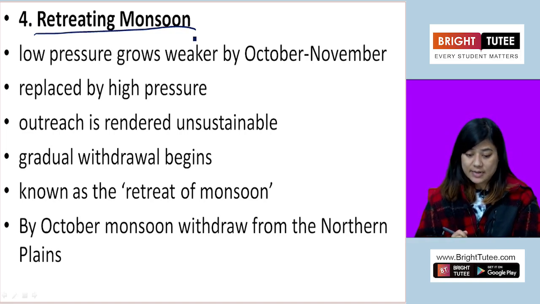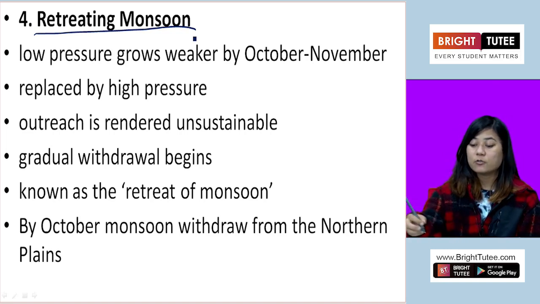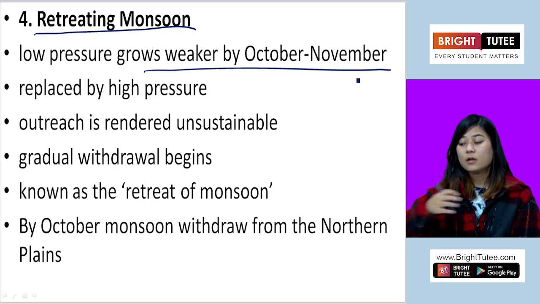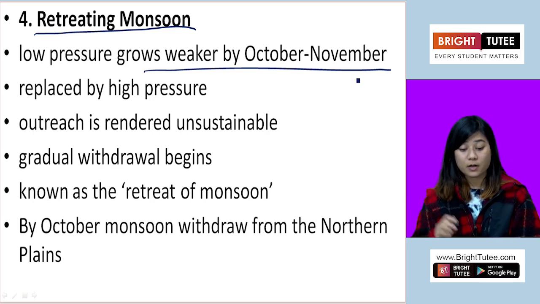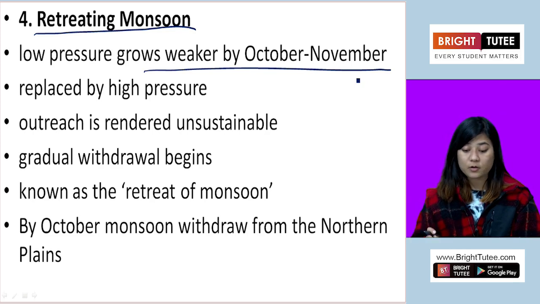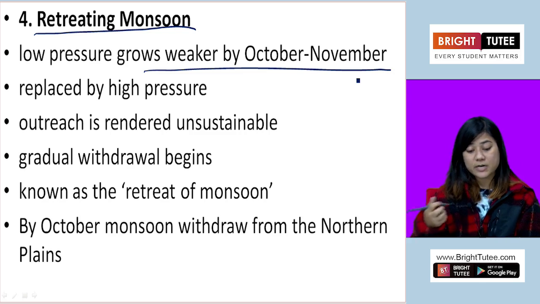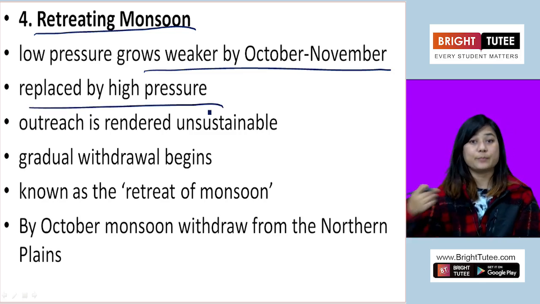Now during this time, the low pressure of the northern part of India grows weaker by the time of October and November. As it grows weaker, it is replaced by the high pressure.